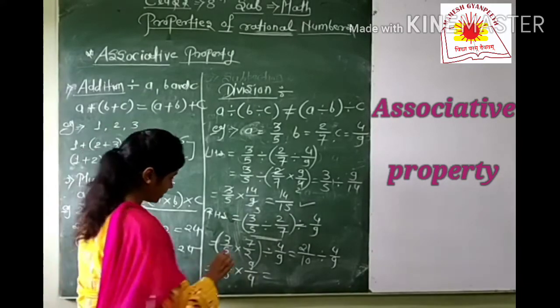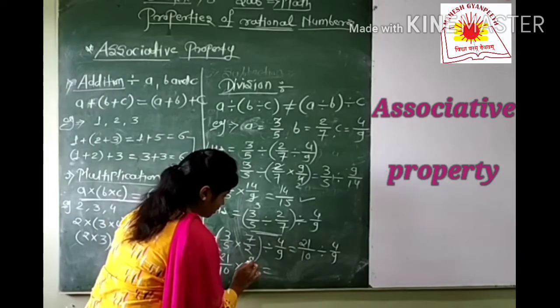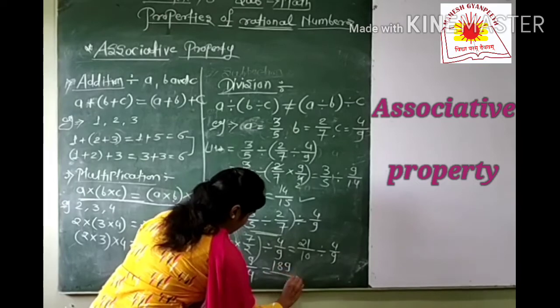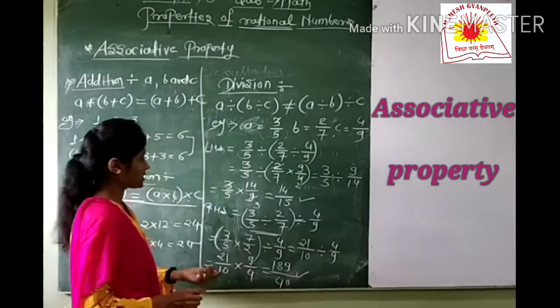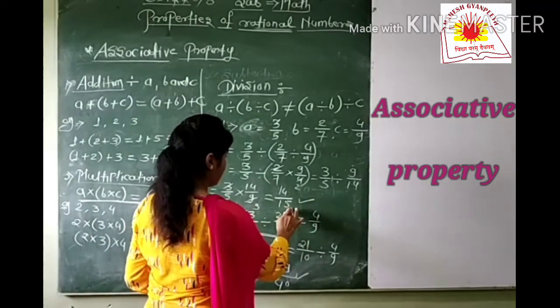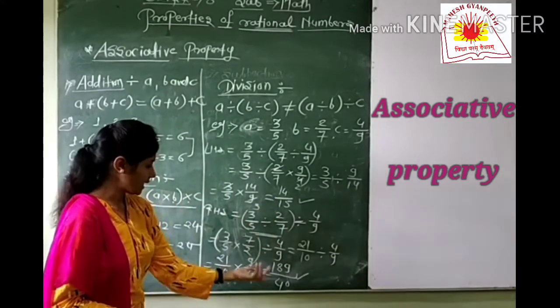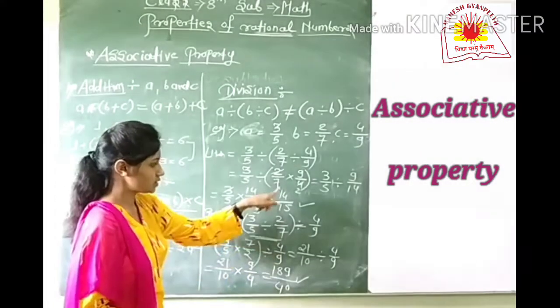No. Then it is 21 multiplied by 9, which is 189, and 10 multiplied by 4 is 40. This is the RHS side. The LHS side is 14 upon 15 and the RHS side is 189 upon 40. Are these two terms equal?